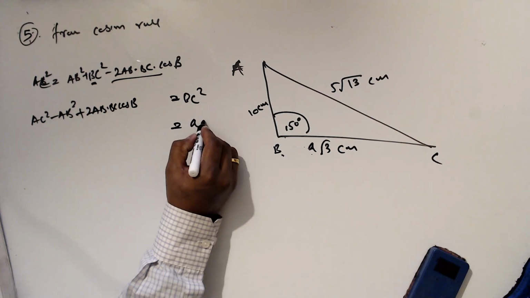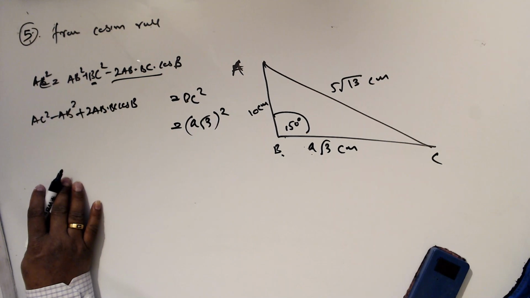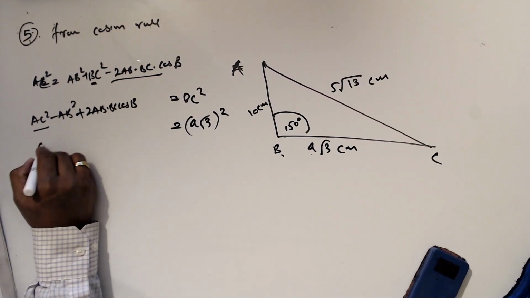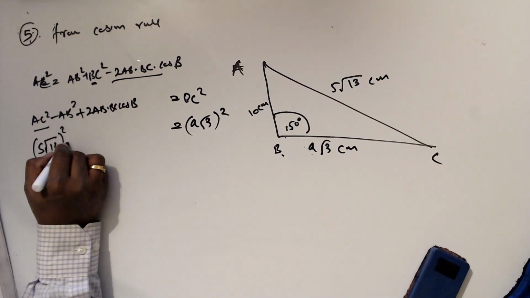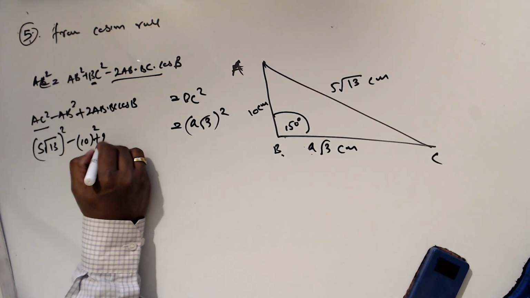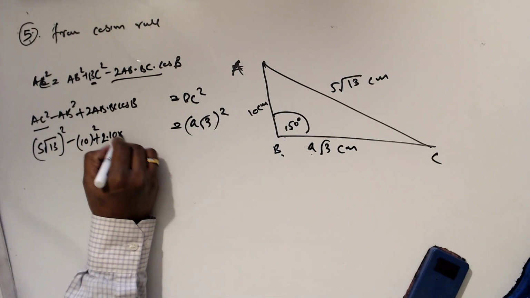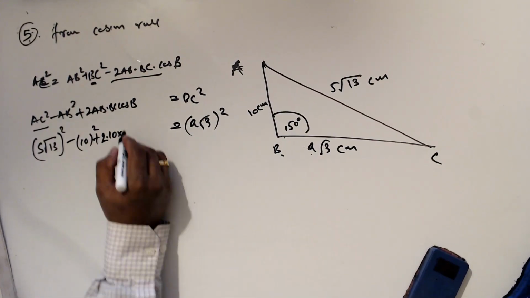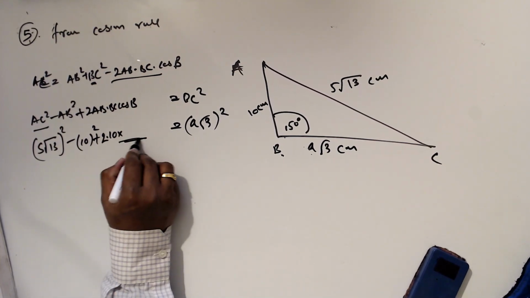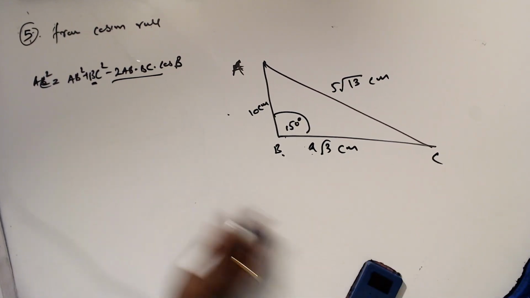BC mean A square root 3 square equal AC square 5 square root 13 square minus AB 10 square plus 2 times AB 10, then BC. Okay, it is an issue because it's going to be a quadratic equation which I didn't see earlier. Actually, we can leave everything as it is and we'll substitute here.